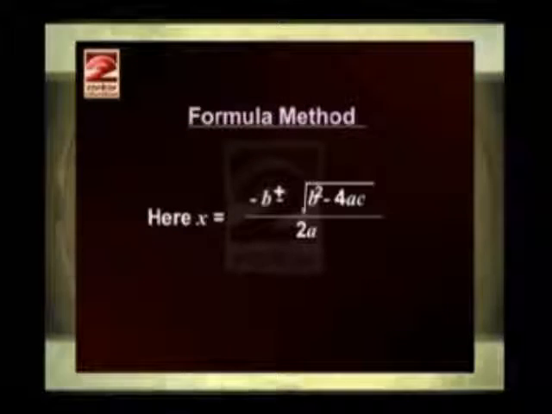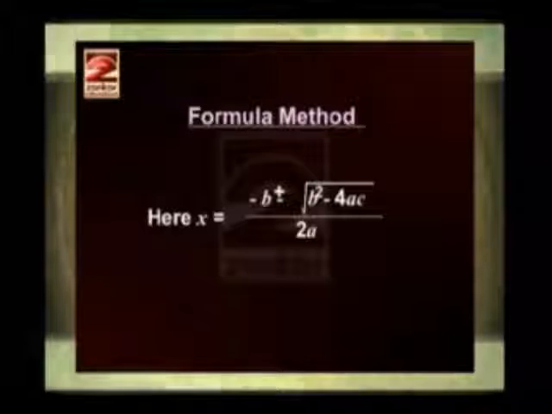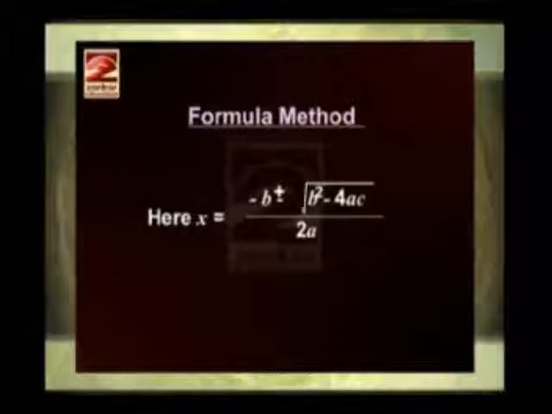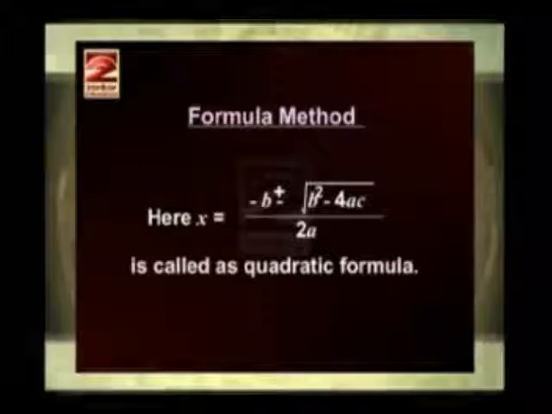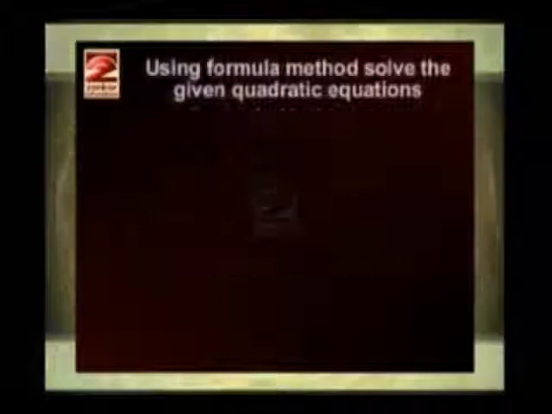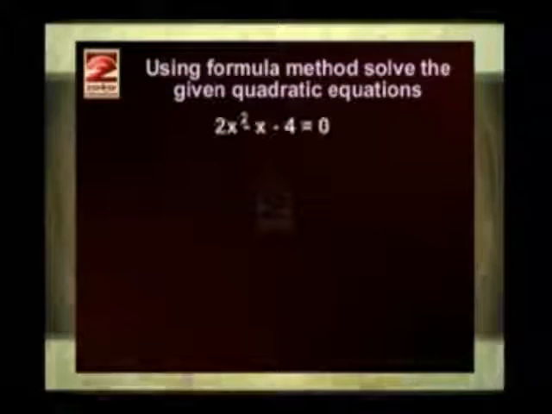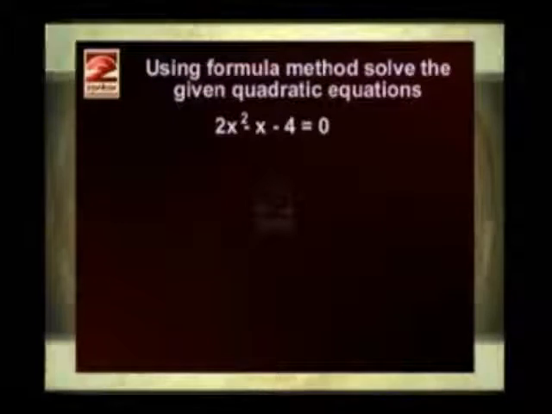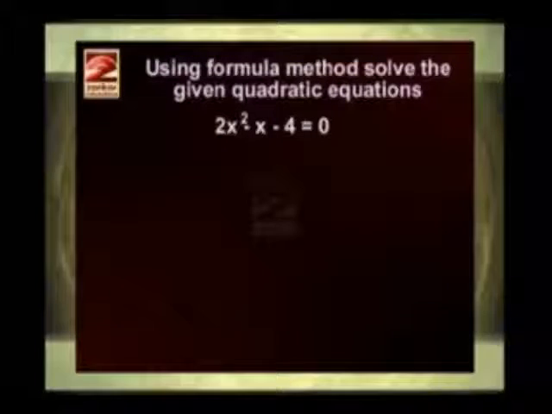Here x is equal to (minus b plus or minus under root b square minus 4ac) upon 2a is called as quadratic formula. So the question is, using formula method, solve the given quadratic equation 2x square minus x minus 4 is equal to 0.